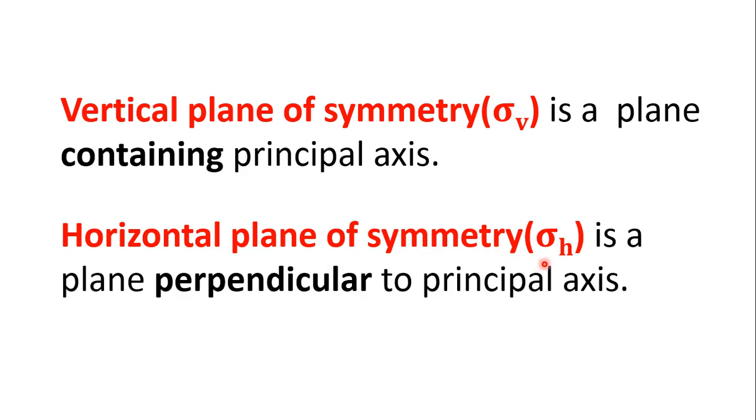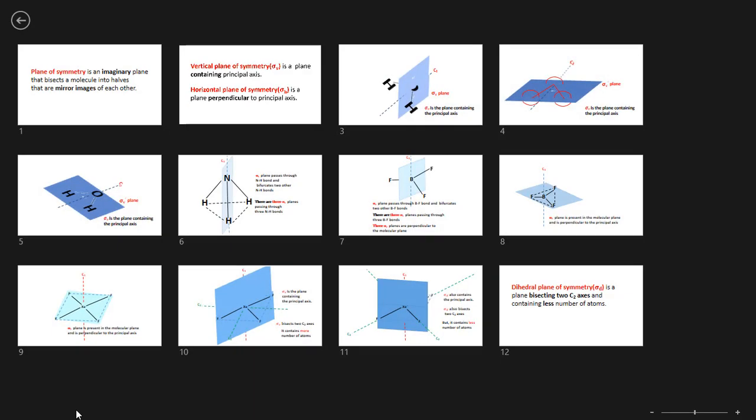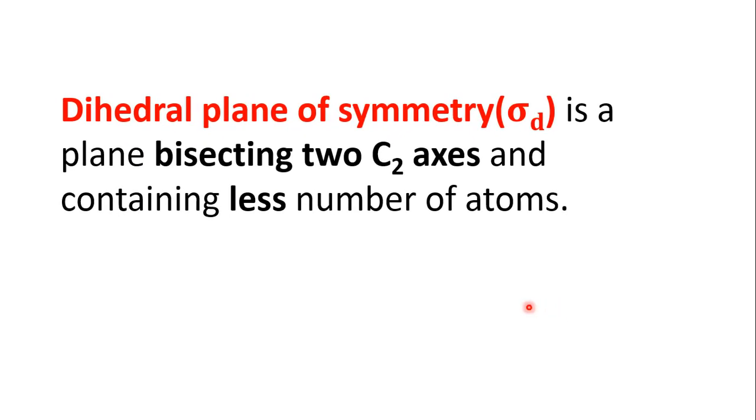The horizontal plane of symmetry, sigma H, is a plane perpendicular to the principal axis, whereas the dihedral plane of symmetry, sigma D, is a plane bisecting the two C2 axes and containing less number of atoms. So there is sigma V, the vertical plane of symmetry, sigma H, the horizontal plane of symmetry, and sigma D, the dihedral plane of symmetry.